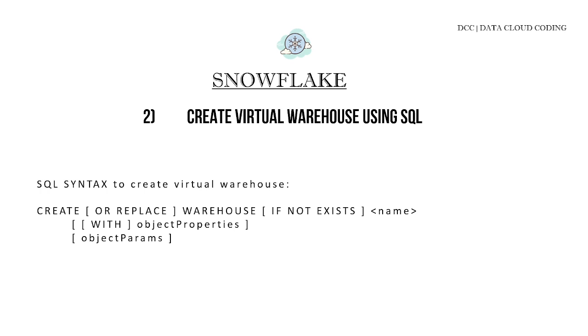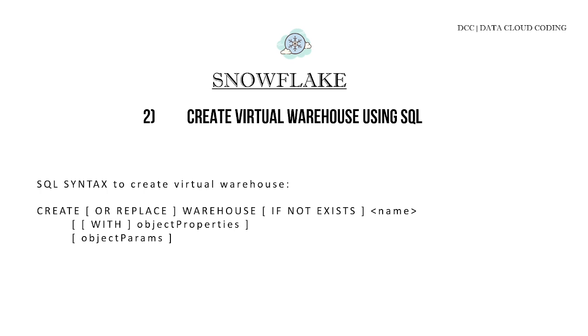So the syntax goes something like this: create warehouse, and then we have to provide the warehouse name. And additionally, if you want, you can also mention a few object properties, and also a few object parameters. So the syntax looks pretty easy, pretty doable.